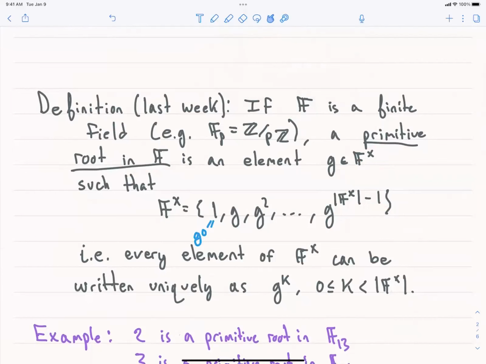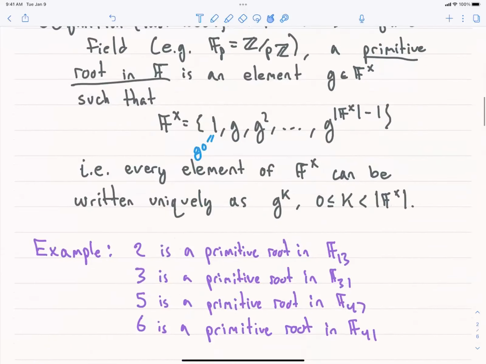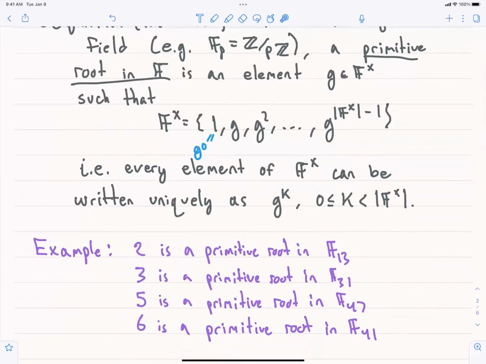And last week on the homework, for example, you computed that 2 is a primitive root in F_13, 3 is a primitive root in F_31, 5 is a primitive root in F_47, 6 is a primitive root in F_41. You also computed primitive roots in some other fields, like ones you constructed using polynomials or using the Gaussian integers.